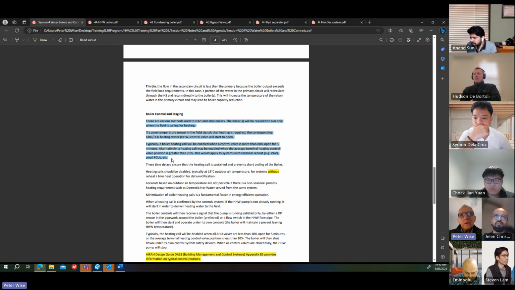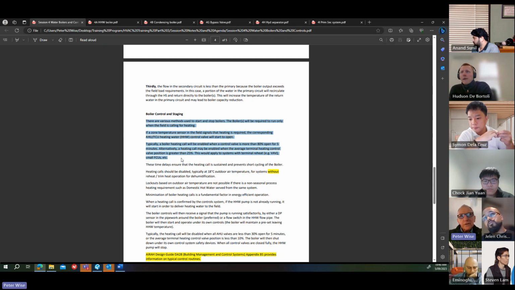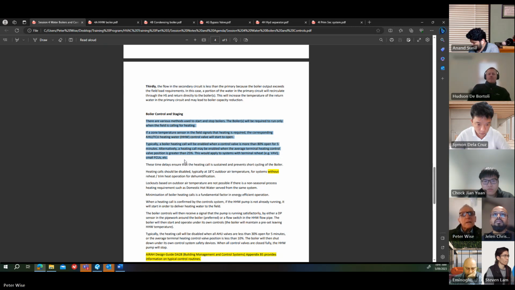That's a bit of a mouthful, but this applies to systems with terminal reheat, for example, VAV with heaters, hot water heaters, or small fan coil units. And what it's saying is the average of all the control valves position is greater than 25%. So that can be set up relatively easily in the BMS. The controls people just need to understand how you want to control it, and they can set that up.